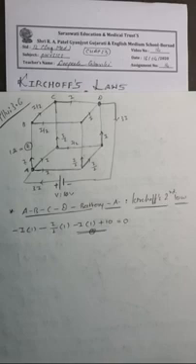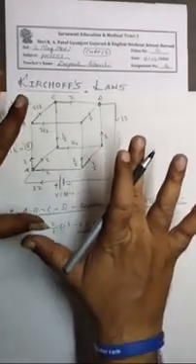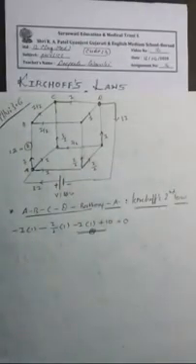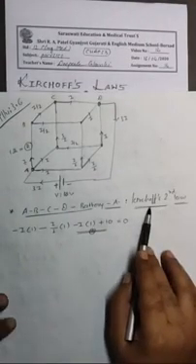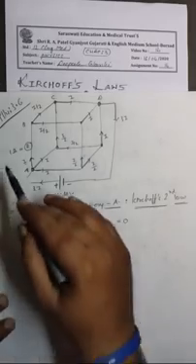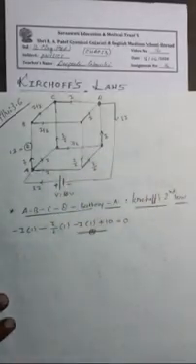If you refer to the textbook, page number 116, illustration number 3.6, then you will get the idea. If there is any doubt, in our school we will solve it. So this is just an idea for how to use Kirchhoff's second law and how to put the sign.